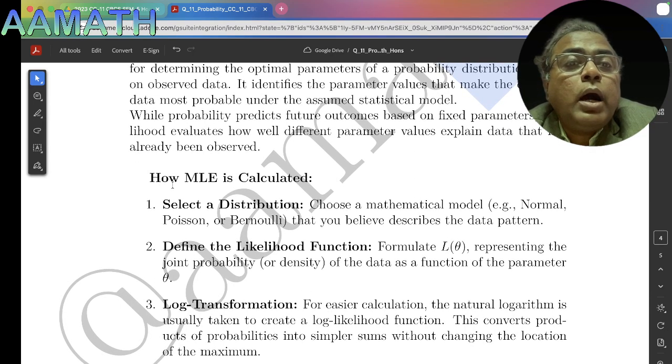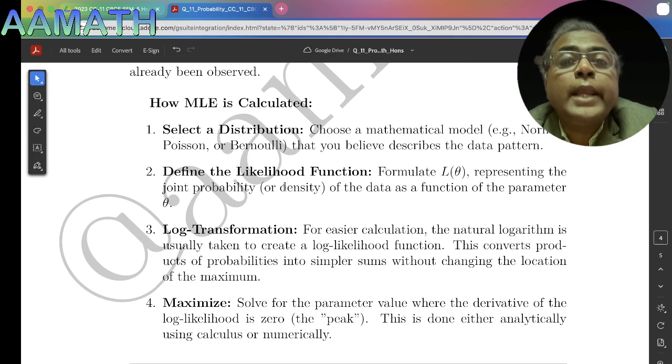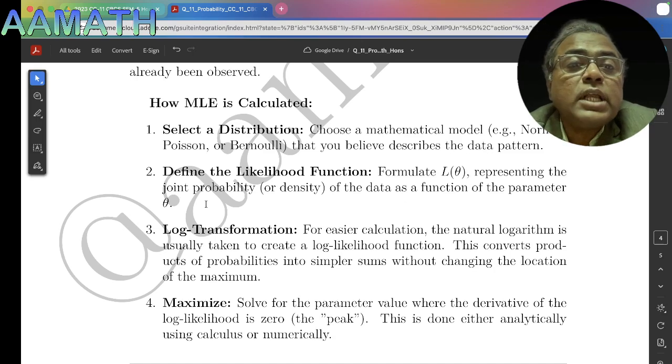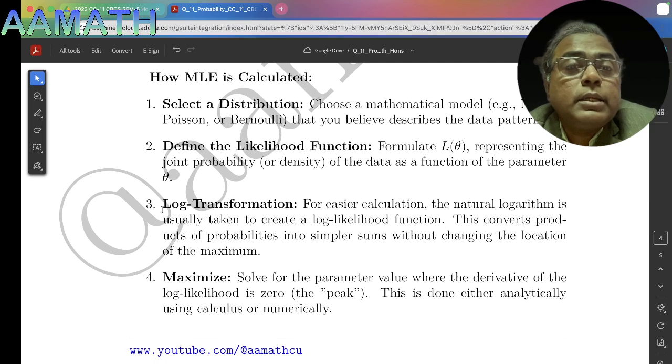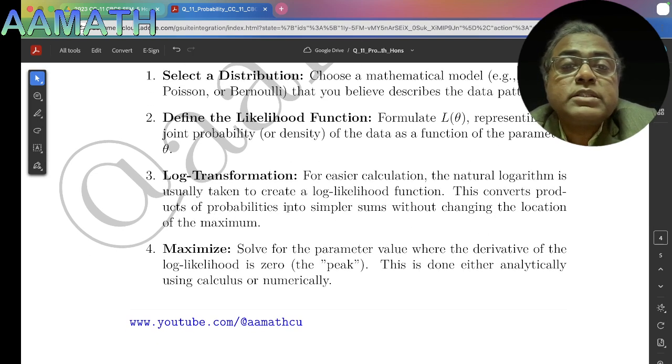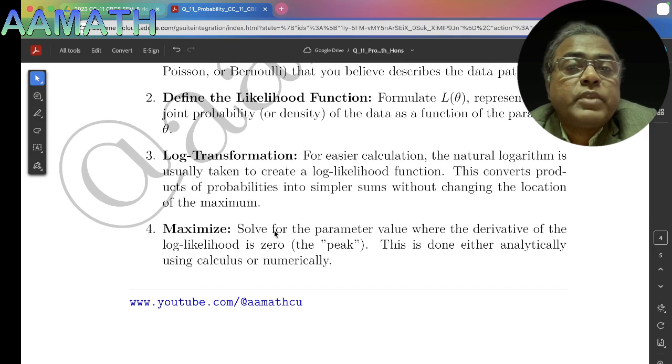Actually, how is maximum likelihood estimation calculated? First, we select the distribution, either normal distribution or Poisson distribution or Bernoulli distribution, etc. Define the likelihood function L(θ), the joint probability density function of the data as a function of parameter θ. Then take the log transformation for easier calculation, natural logarithm to the base e, and this converts the product of the probabilities into simpler sums without changing the location of the maximum.